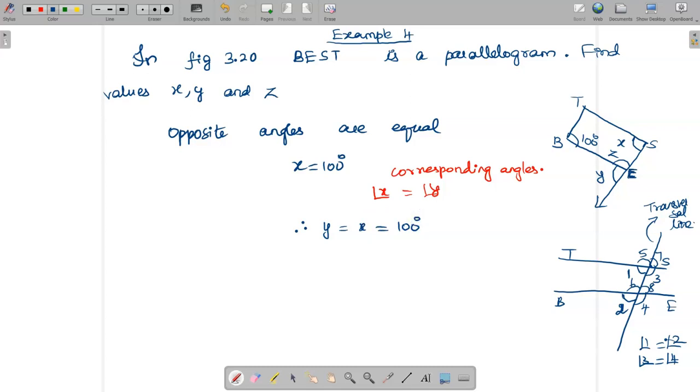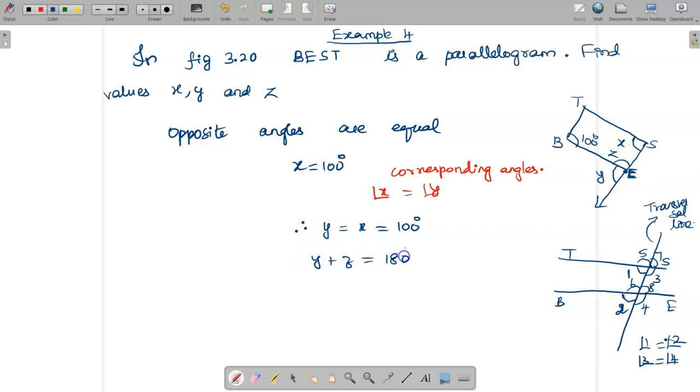Now we need to find out what z is. Whenever we have two lines intersecting at the same point, these two are adjacent angles, or we can say it is a linear pair. The addition of a linear pair is equal to 180 degrees, that is angle y plus angle z.